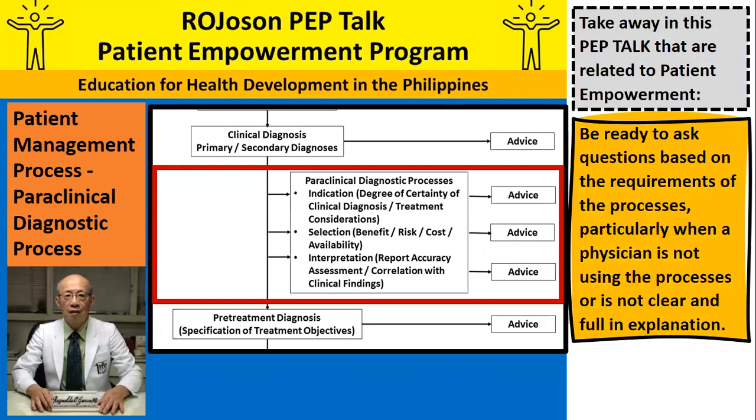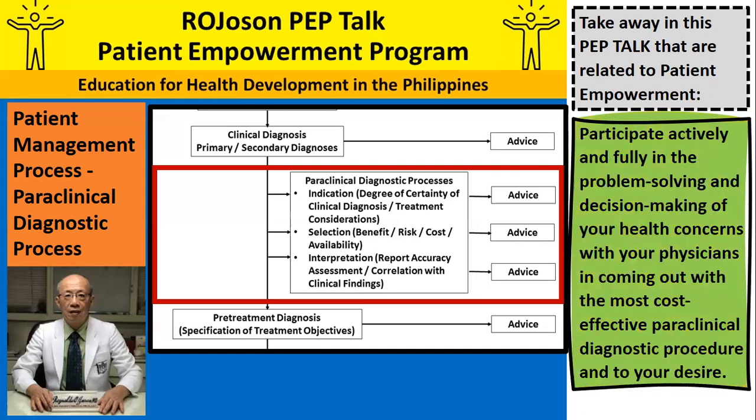Be ready to ask questions based on the requirements of the processes, particularly when a physician is not using the processes or is not clear and full in explanation. Participate actively and fully in the problem solving and decision making of your health concerns with your physicians in coming out with the most cost-effective paraclinical diagnostic procedure and to your desire.